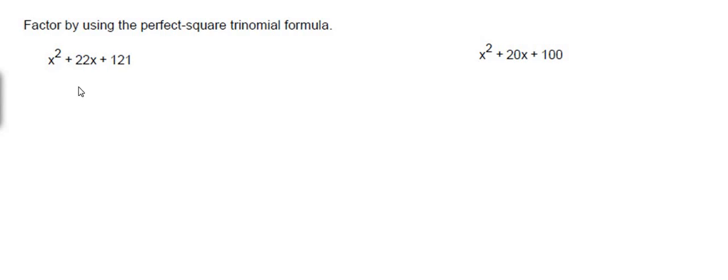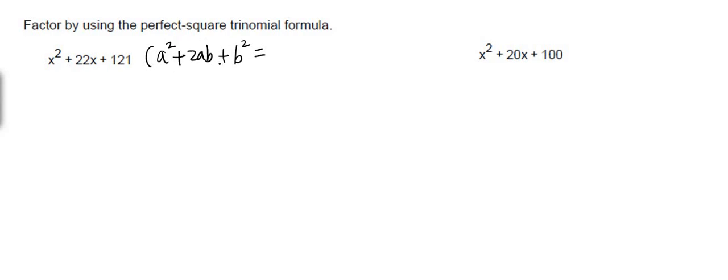Today I'm going to talk about how to factor a polynomial by using the perfect square trinomial formula. Now let's take a look at this formula. We have a square plus 2ab plus b square.